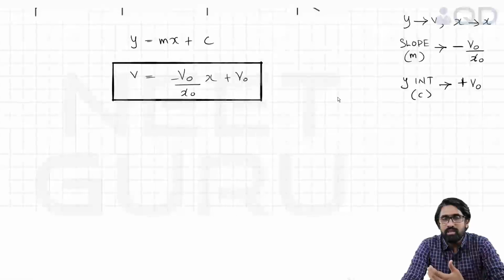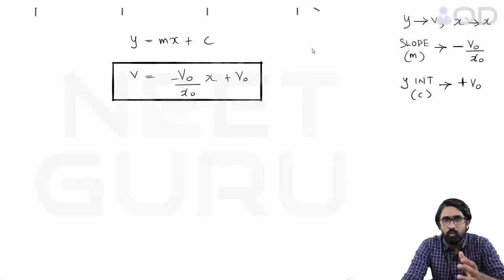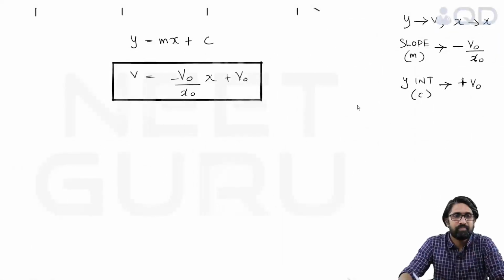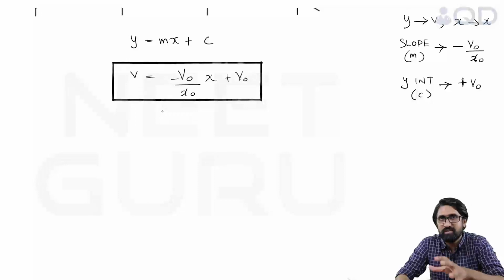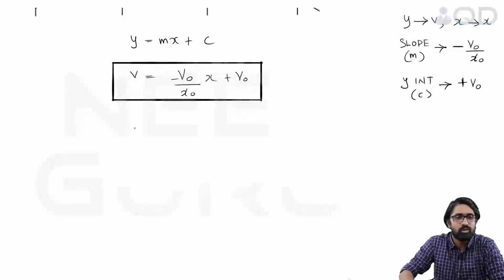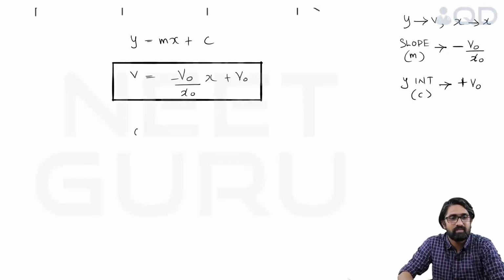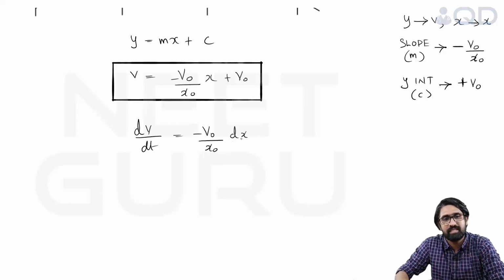So what I'll now do is to take the derivative on both the sides with respect to time. And please be very careful that we should take the derivative of velocity with respect to time to specifically get acceleration. So we'll do d by dt on both the sides. So we have dv by dt is equal to the constant minus v0 by x0 is taken out. Then we have dx by dt plus we have d by dt of v0.